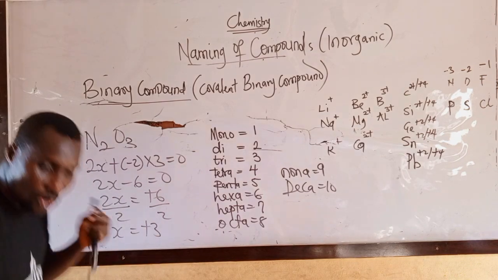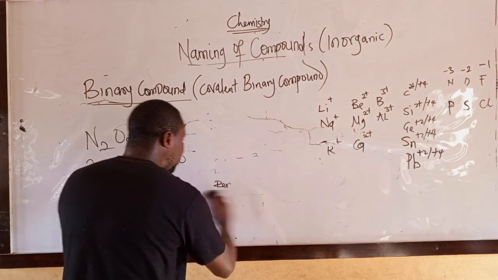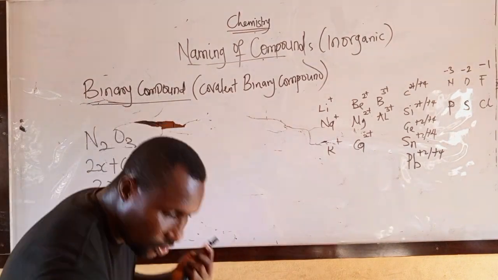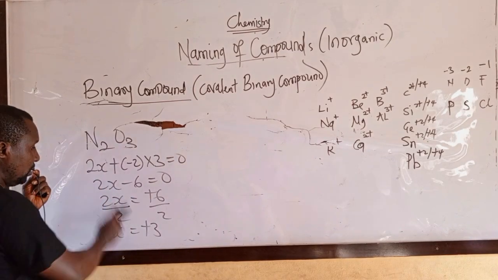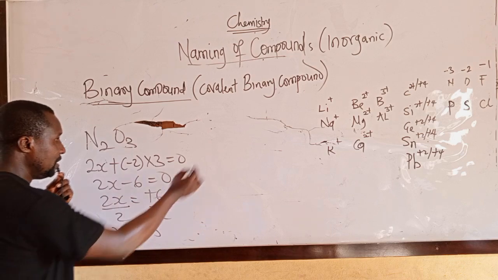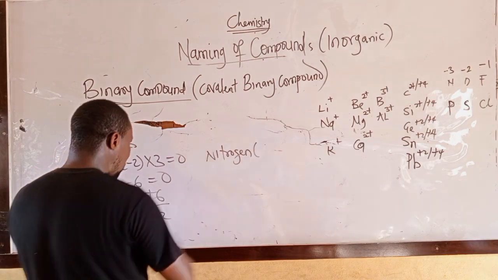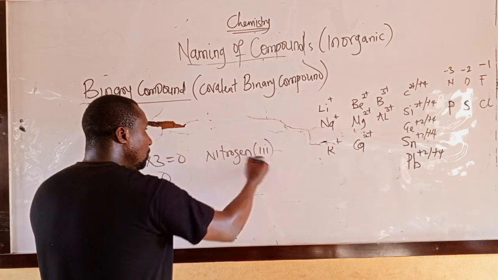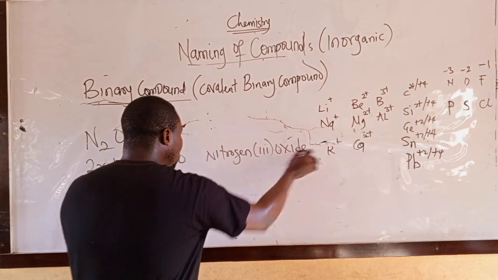Therefore, what will be the name of this compound? I can call it nitrogen 3 oxide, using the oxidation number of nitrogen. The oxidation number will be in Roman figure, inside a bracket. 3, oxide.